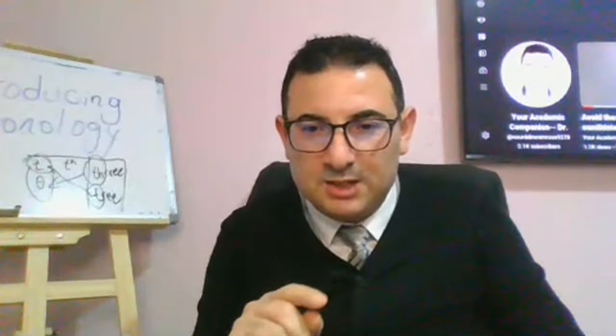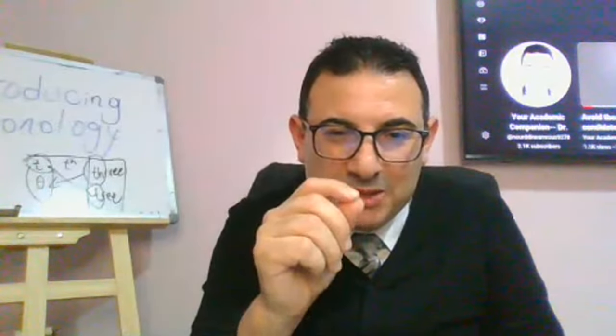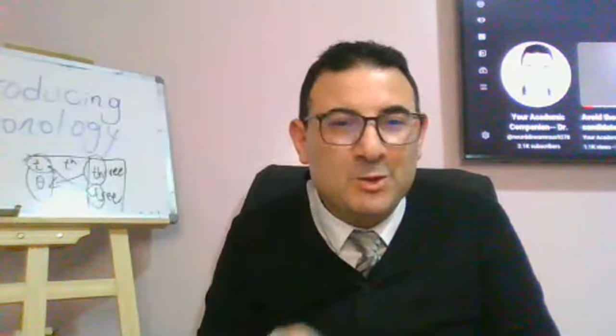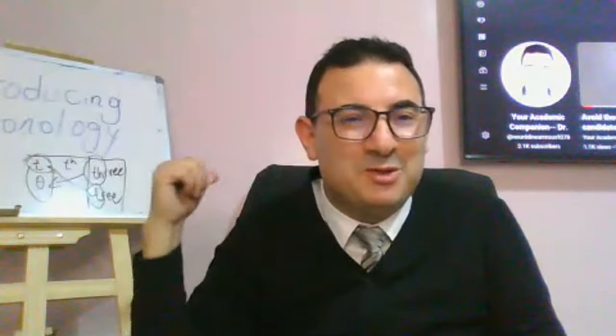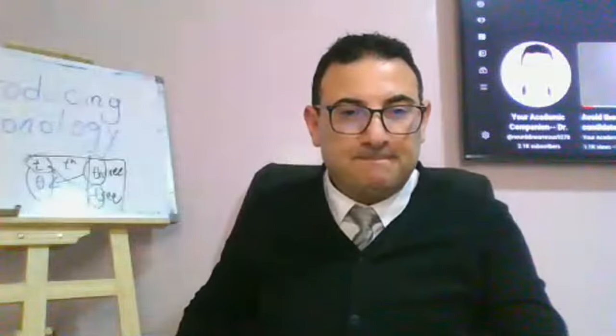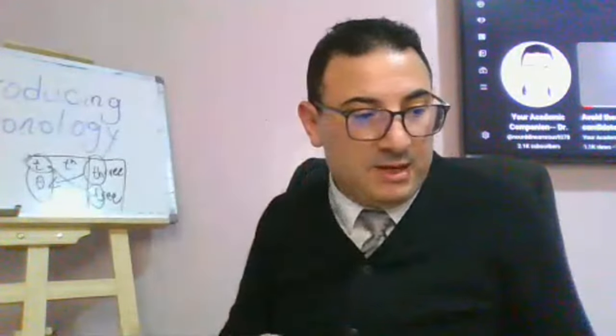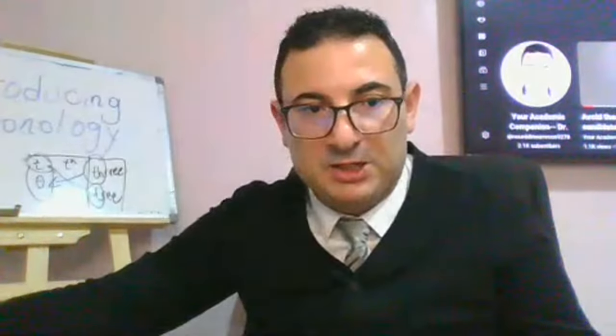I need your attention, the people who are here to learn because they have a problem in phonology. You listen to them. This is probably one of the most important points you need to know. Now, what happens here?